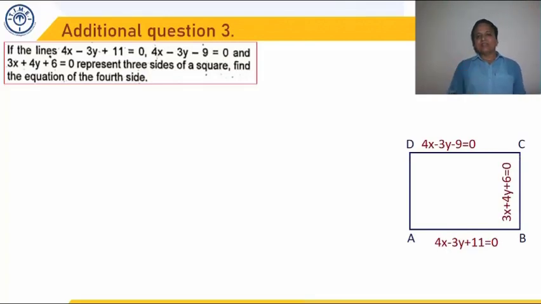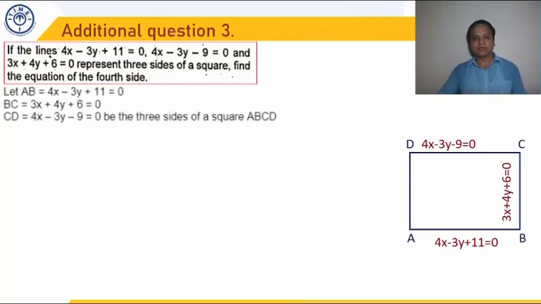We assume let AB is 4x minus 3y plus 11 equal to 0, BC is 3x plus 4y plus 6 equal to 0 and CD is 4x minus 3y minus 9 equal to 0. This we assume. Let ABC be these three sides of the square.